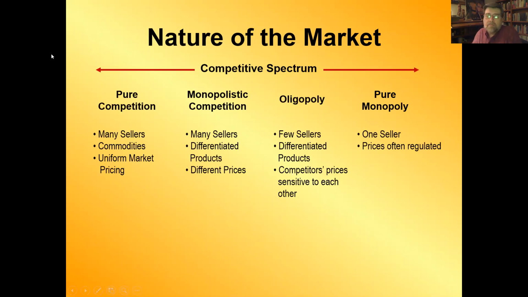And in many cases, the prices will be regulated, and there are often cases where governments will come in. A case where this occurred was with Microsoft. Microsoft pretty much had a monopoly on operating systems. I know some of you will say, but there's Apple.